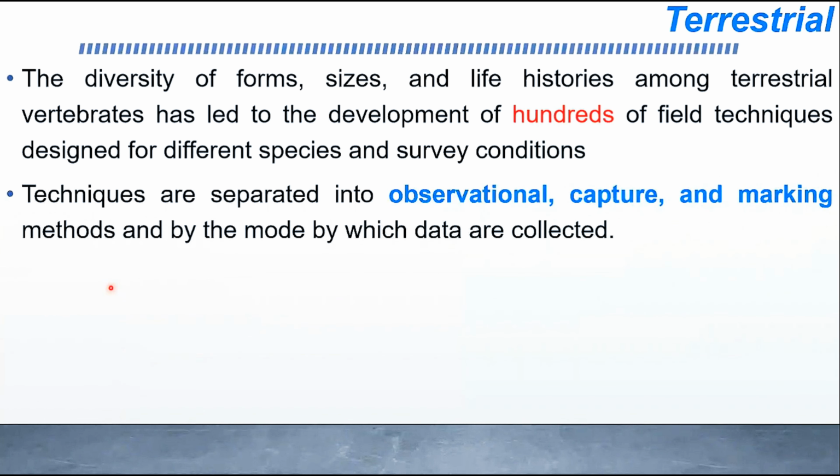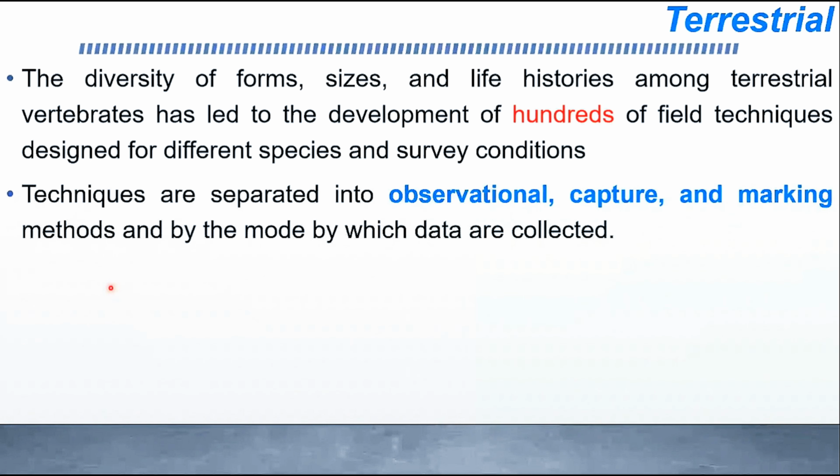if you look at the terrestrial habitat, which is supposed to be one of the biggest ecosystems or habitats, there are hundreds of techniques or ways in which you can look for richness, in which you can look for species abundance, right? As I told you, we can divide them into observational techniques.